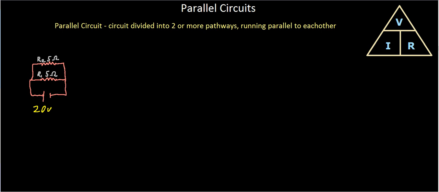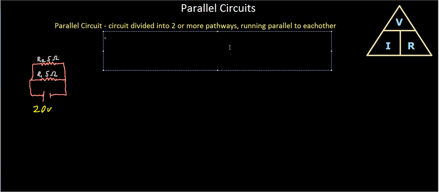So unlike in a series circuit, adding resistors in parallel actually adds paths to our circuit. And adding resistors in parallel, therefore, improves the flow of electrons. So we can just say adding resistors in parallel improves the overall current.